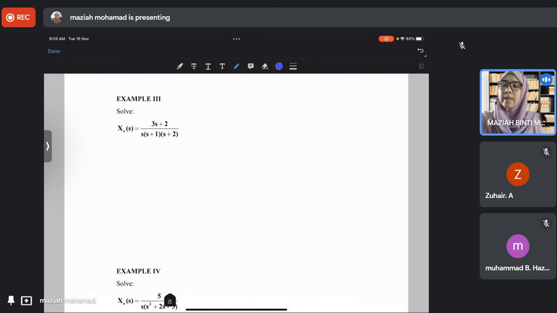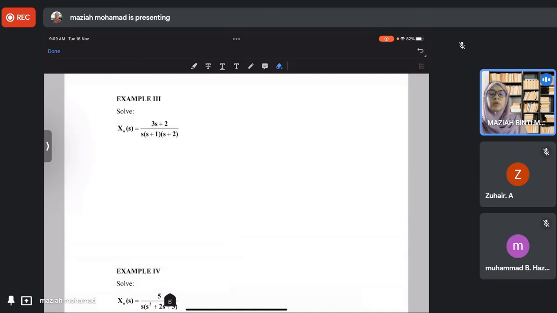All right. Example 3. Okay, example 3 is already in the s, meaning it's already in the Laplace form. So this example is only to illustrate how to convert from Laplace form into partial fraction. Okay, but I already give you the table, so just refer to the table.